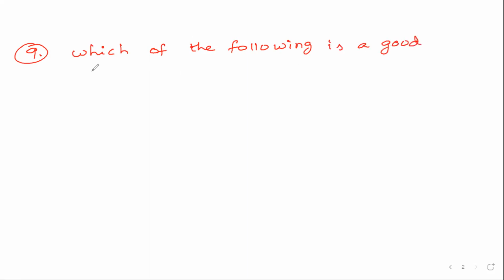Next, question number 9. Based on general properties only, I'm writing. Which of the following is a good conductor of electricity?